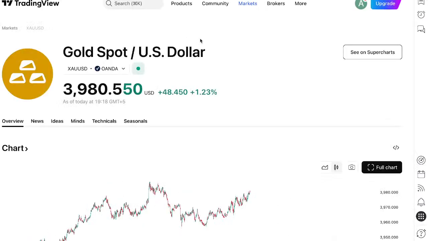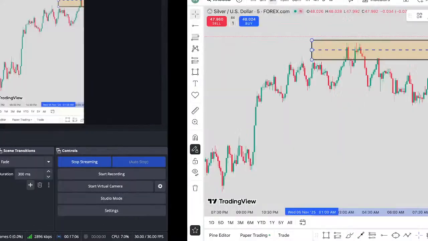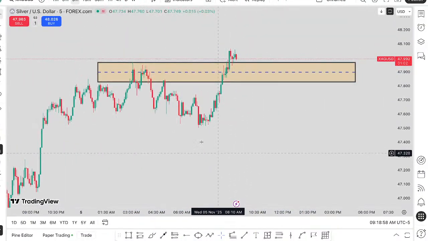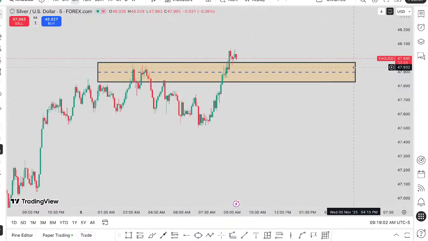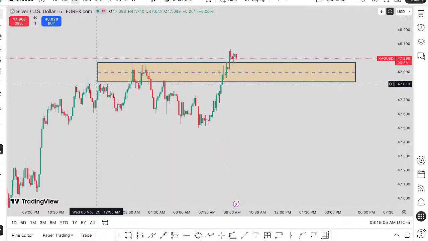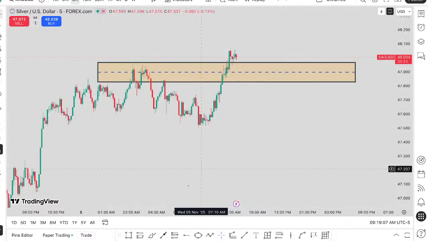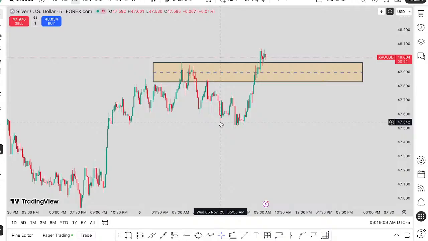So let's drop into the chart. So here we go. I mean this can be the breaker as price is above, and today it took a low around 7 a.m. Price rallied.